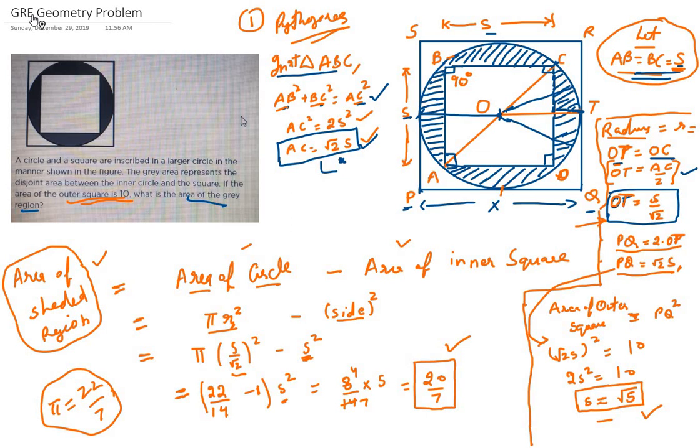And then the area of the shaded portion, this third concept you should know. Basically it's all a geometry problem. If you are able to understand the whole thing, it's very good. So that's how you have to work on this problem.